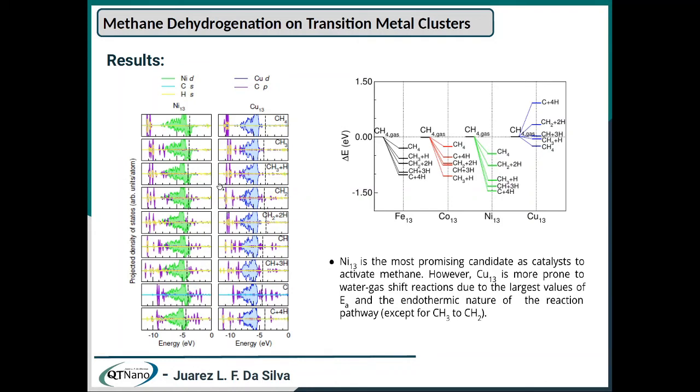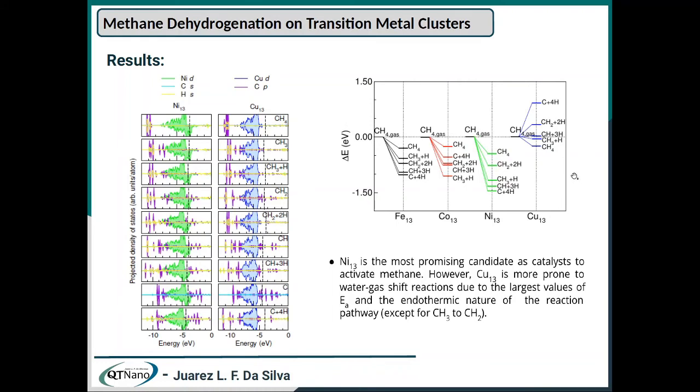Also, when we compare the introduction of hydrogen co-adsorption, the hybridization of both p orbitals from carbon and now the s orbitals from hydrogen with the d orbitals of the systems increases.